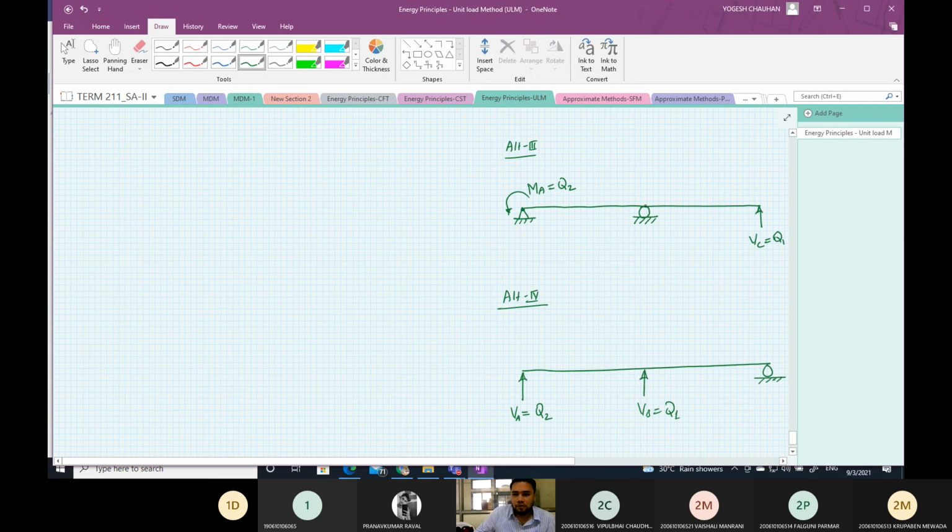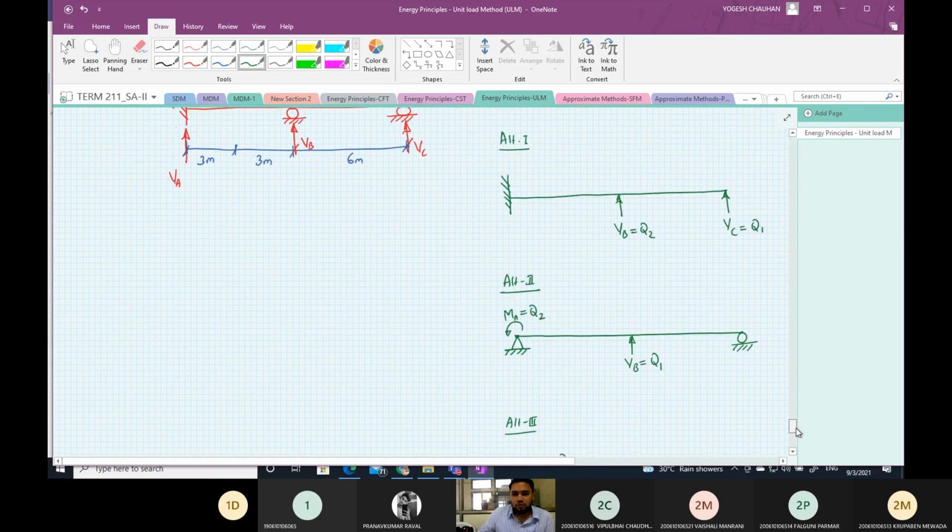You can choose a hinge as a redundant here, means the moment here and the moment here. So it's all up to you.